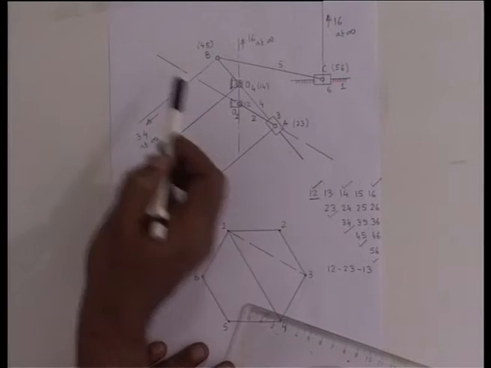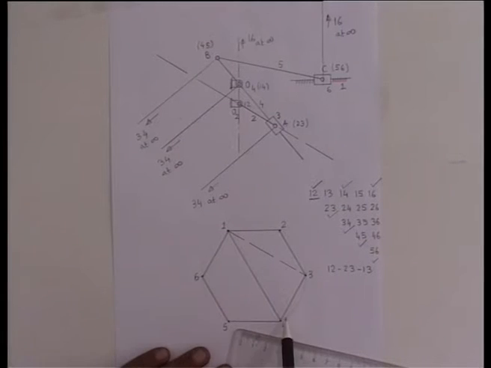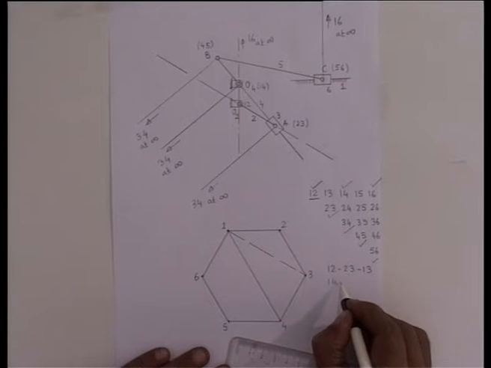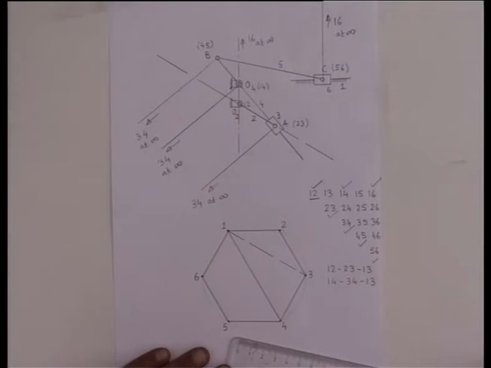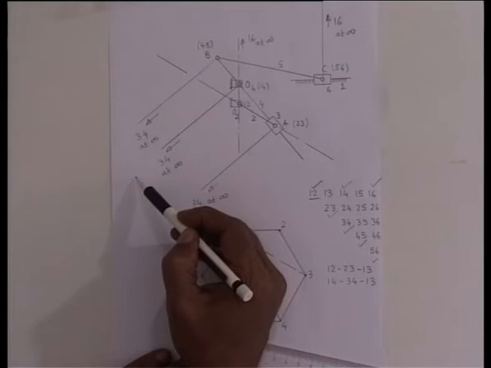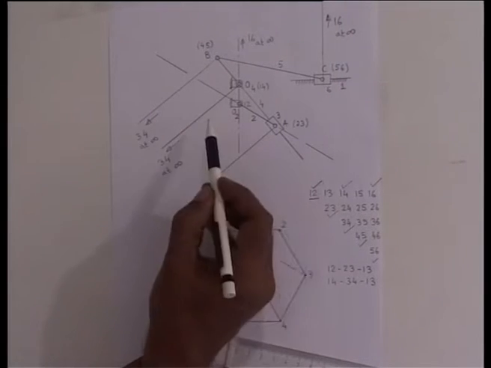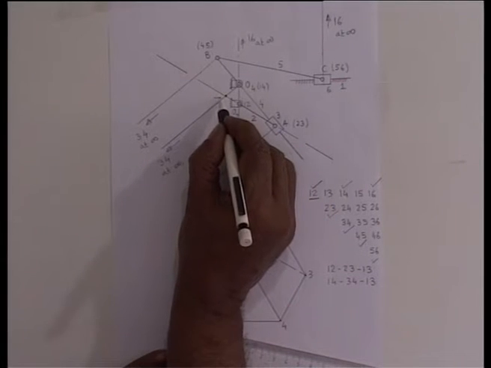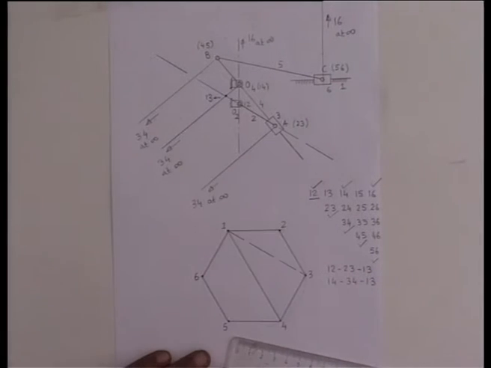So, 1 3 must lie on this line, and 1 3 this diagonal, as I see 1 4 and 3 4. So, I consider 1 4, 3 4 and 1 3. We have already determined 1 4 here and 3 4 is on this line at infinity. So, 1 3 must be on this line as well, and 1 3 must be on this line as well. So, the point of intersection of these two lines gives me the location of relative IC 1 3.